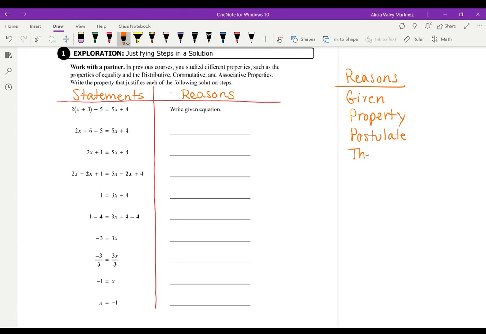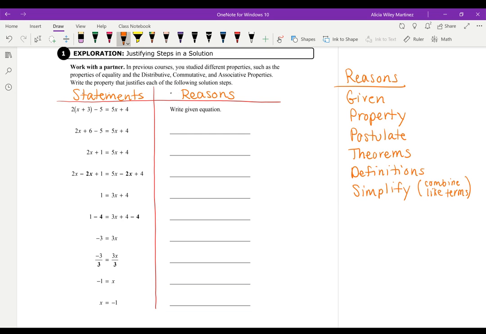It could be theorems. It could be definitions. And one other that it could be, no pun intended, is simply put, simplify. And remember, simplify is often used for things like combining like terms. Okay.